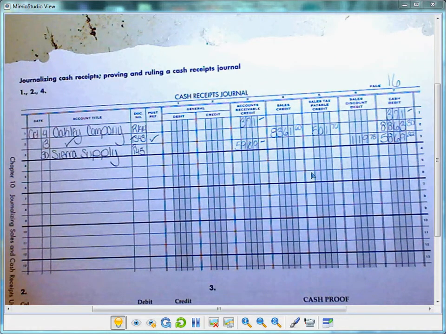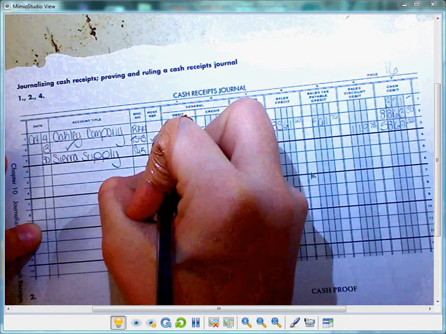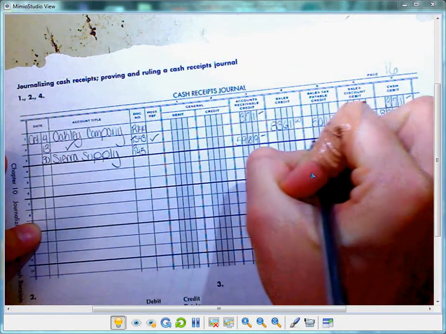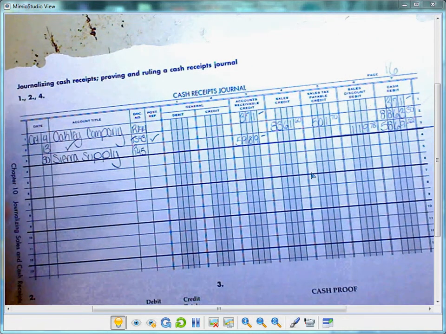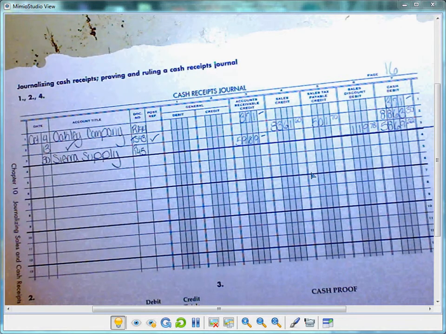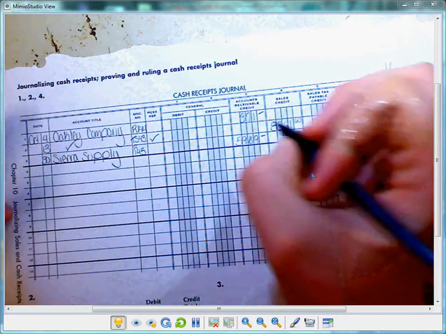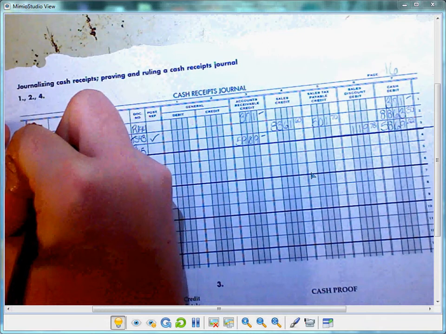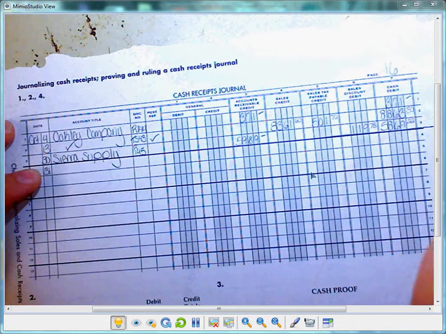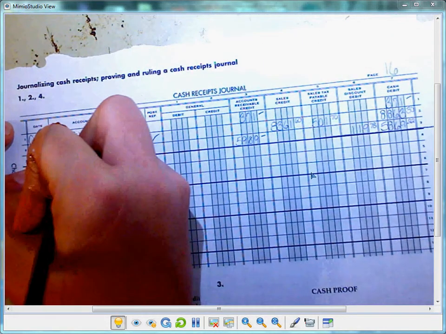Okay, now we are going to total and prove our cash receipts journal. So go ahead and make a single rule across there. Our date's the 31st. Totals we will put in the account title.